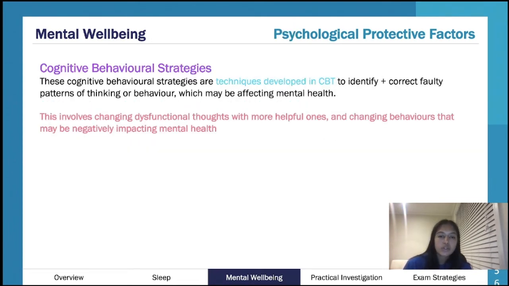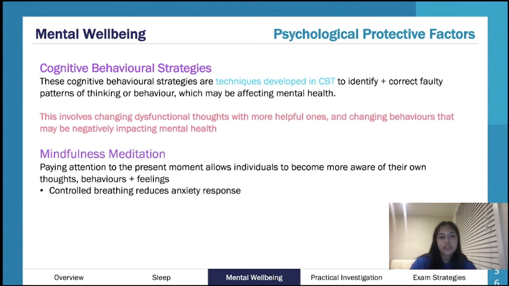Okay, so your psychological protective factors, basically the cognitive and behavioral part of CBT. So basically all of CBT. So just this idea of replacing any irrational, harmful or illogical thoughts with more well thought out, considered, logical ones, basically. And the same with behaviors. Any behaviors that are detrimental to your well-being, replacing them with things that are a little bit more positive.